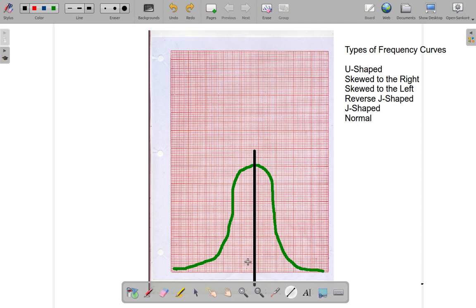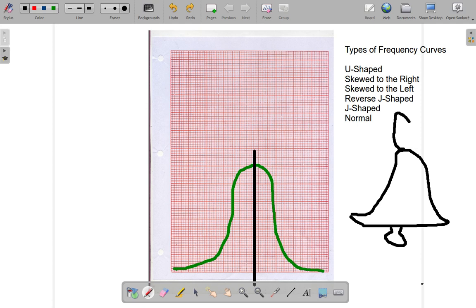That's a normal curve. That is called the bell curve, because the shape of the bell is somewhat like this. You have the bell, and then you have the part that hits the side of the bell, and you have the handle that you hold.